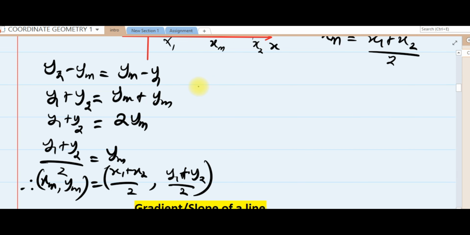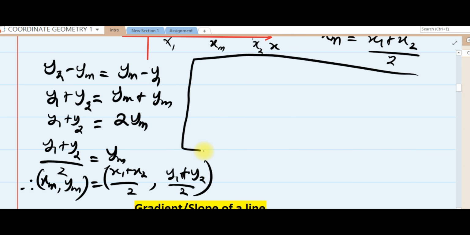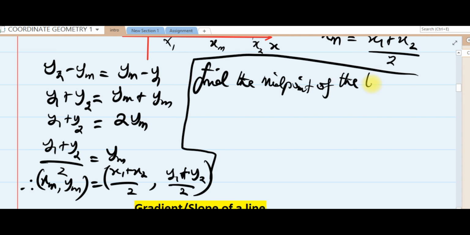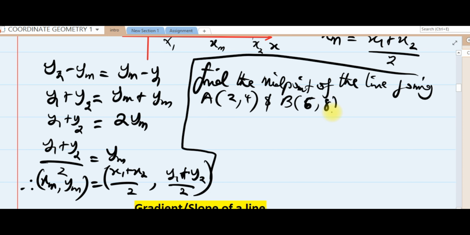Now let me give a quick example. If you are asked to find the midpoint of the line joining A(2, 4) and B(6, 8), without wasting time, the coordinate of the midpoint is just (2 plus 6 over 2, 4 plus 8 over 2).